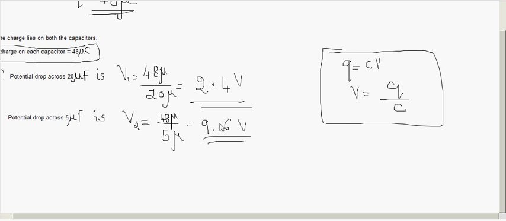You can add these two and cross check whether you are getting 12 volt. So 9.6 plus 2.4 is 12 volt. The total voltage we are connecting is 12 volt, that gets divided between these two capacitors connected in series, that is 2.4 volt and 9.6 volt. So that completes the problem. First we found the value of C, then the charge, then the potential drop across each capacitor.